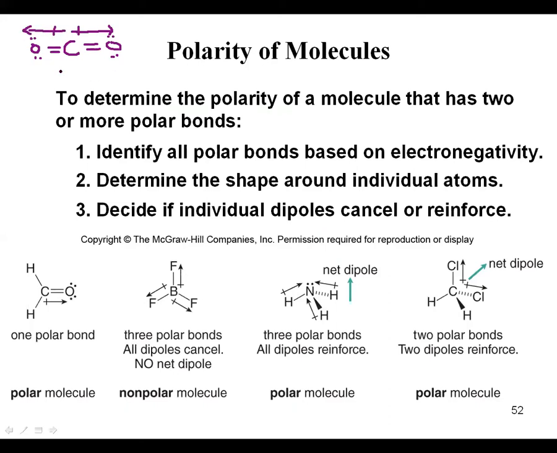And it does have polar bonds. Now, you may say to yourself, well, this definitely will be a polar molecule. That's not necessarily the case here, because when we look at the geometry, it has 2 electron pairs and 2 bonds. And the molecular geometry, which is what you want to look at, in this case is linear.